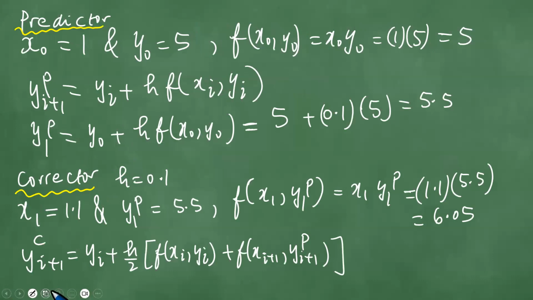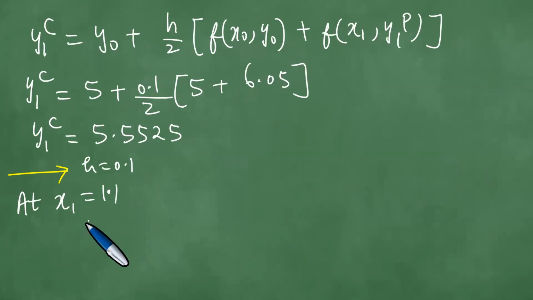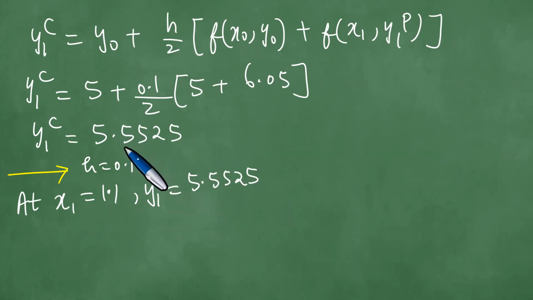So it is clear that at this point, y1 is this one of the corrector, 5.5525. This is the y we use, but now at x1, and then we're going to do the predictor here. At this point, we have x1 and y1. We're dealing with the predictor again.